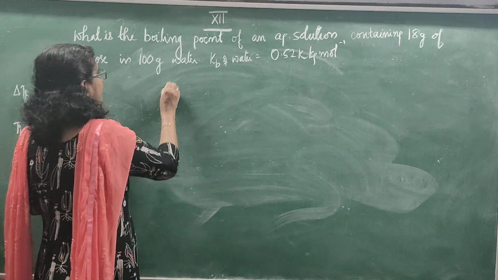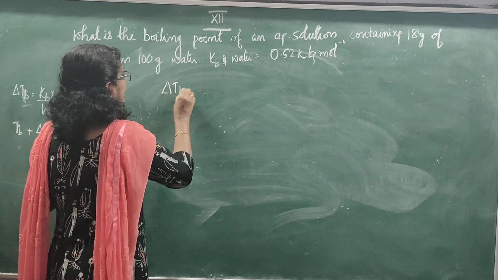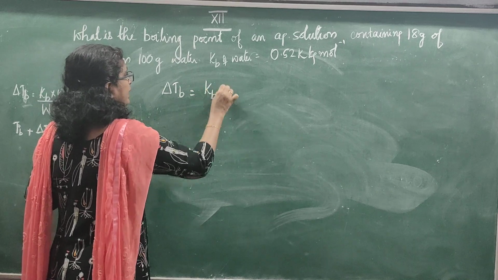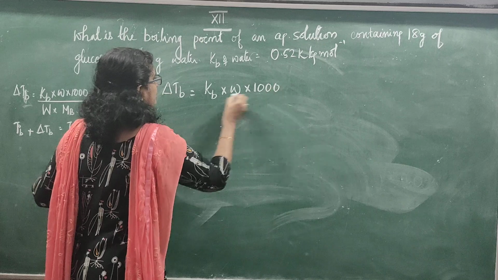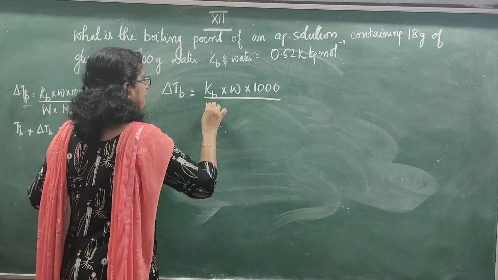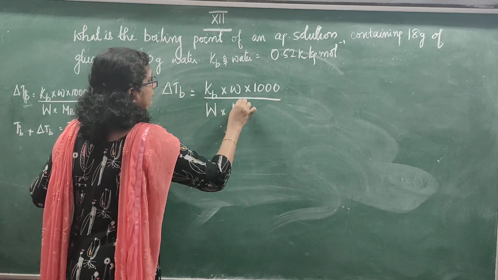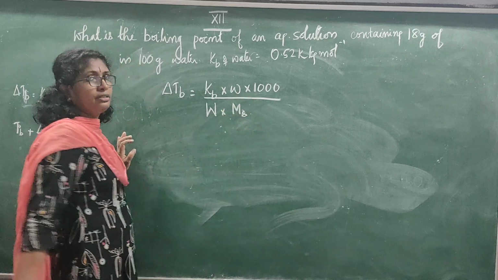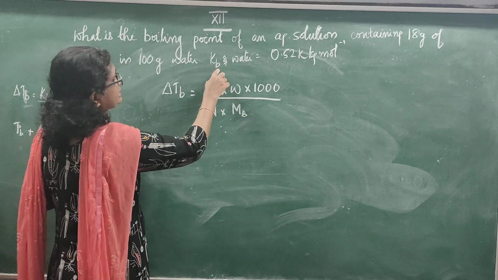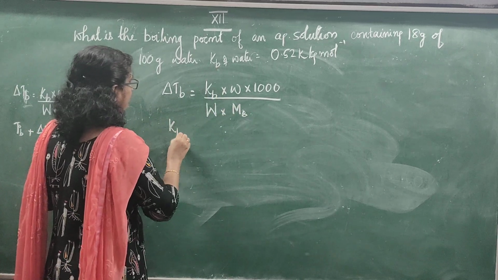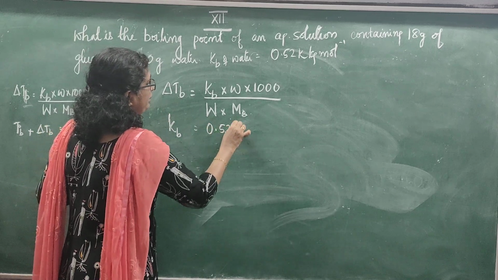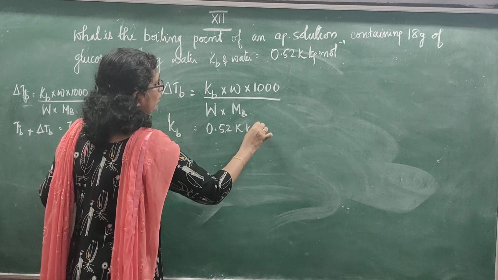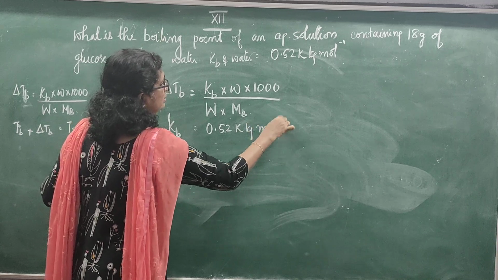Now what is the formula for delta Tb? Delta Tb is equal to Kb into small w into 1000 divided by capital W into Mv. Okay. So Kb, is it given? Yes, Kb of water, that is the molal elevation constant, is given. It is 0.52 Kelvin kilogram mole inverse.